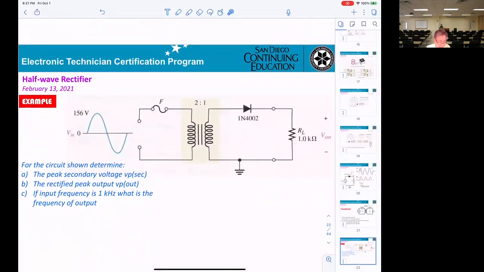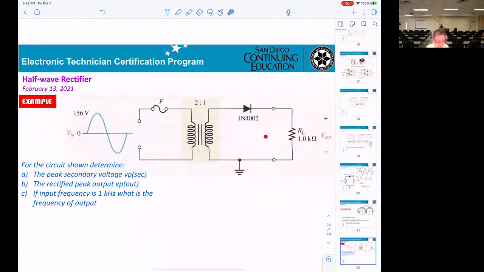Now, for this circuitry here, we call it a half-wave rectifier. They're using the transformer 2 to 1. The first thing, for the secondary voltage, they want to calculate the VP here.